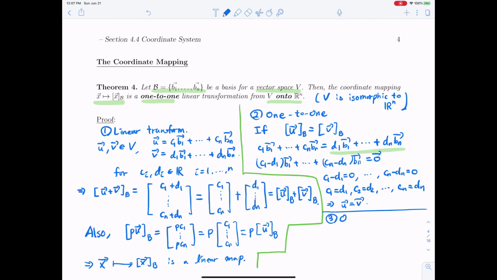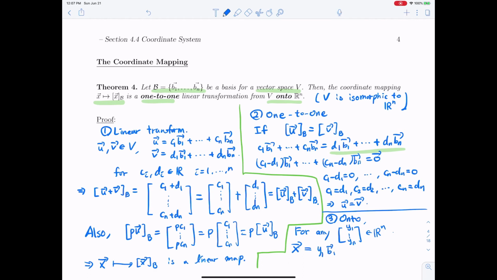And for onto, if you take any element, say y1 through yn inside Rn, then we can form a vector in V as a linear combination of b1 through bn with weights y1 through yn.